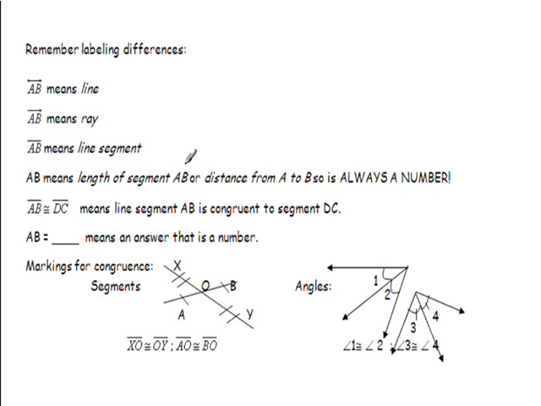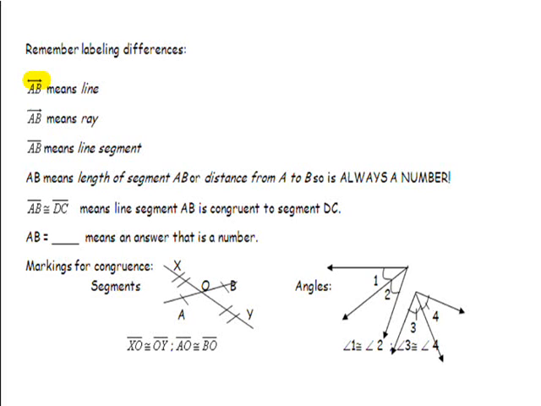All right, let's talk about some labeling differences. We are very picky about how we label our geometric figures. We're picky about everything because we're evil. No, because it's important. So when you see this over AB, it means the line AB. So A and B are points on the line, and it continues indefinitely in both directions.